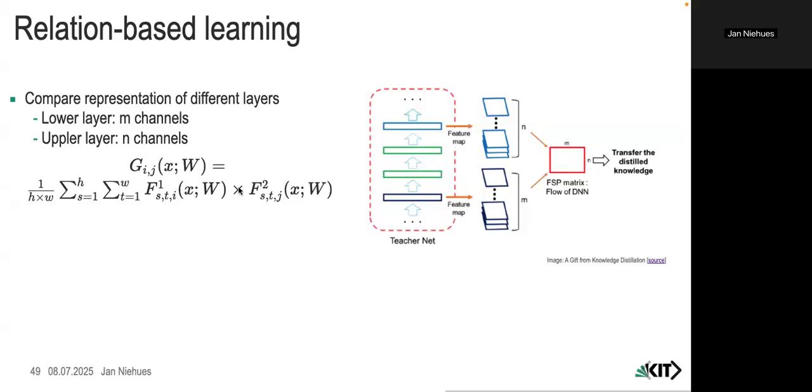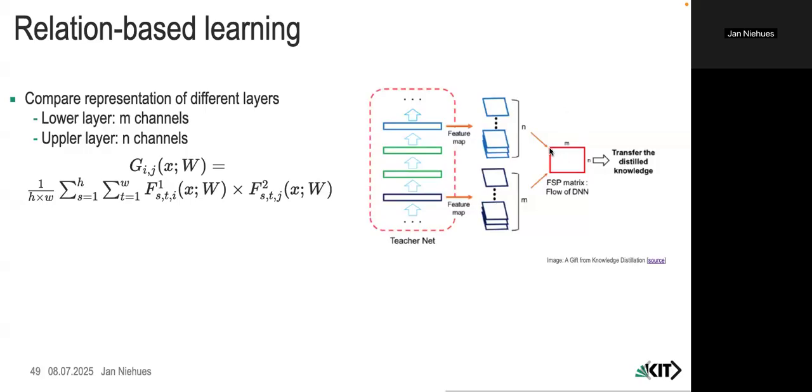And then you look at the correlation between the hidden states. Mainly you look at, on average, the first hidden state of layer I, how is it related to the first hidden state, or channel, of layer J? And that will be one value in your final matrix that you get by multiplying these two hidden states.